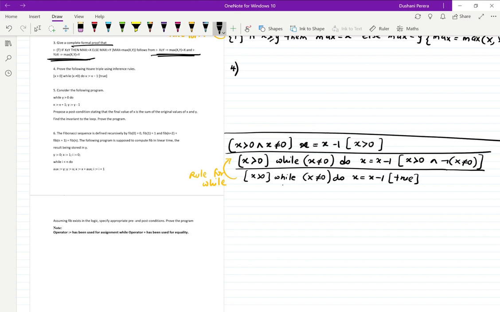Okay, then let's apply the assignment rule. P, Q, E over X. x equals e and x greater than 0.